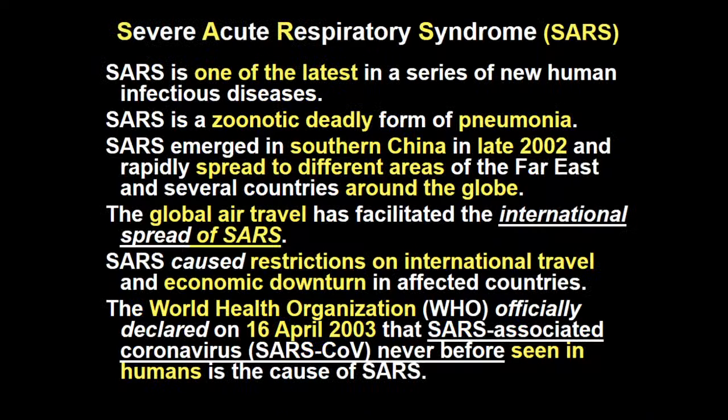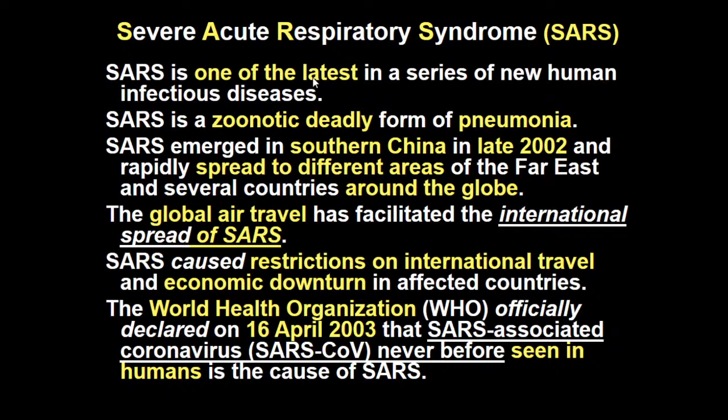My dears, I will show you a couple of slides that I made in 2003 for a students' lecture, because that was very new at that time. SARS was recognized as one of the latest in a series of new human infectious diseases.